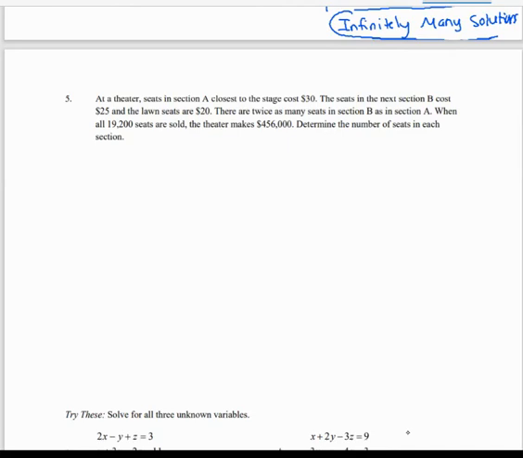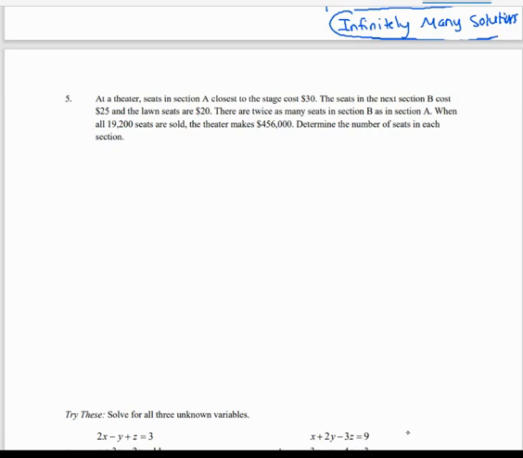Remember, you are going to have 3 variables, and so you need 3 equations. I will help start this off for you and ask you to finish it. So at a theater, seats in section A closest to the stage cost $30, seats in B cost $25, and lawn seats cost $20. There are twice as many seats in B as A. When all 19,200 seats are sold, the theater makes $456,000.